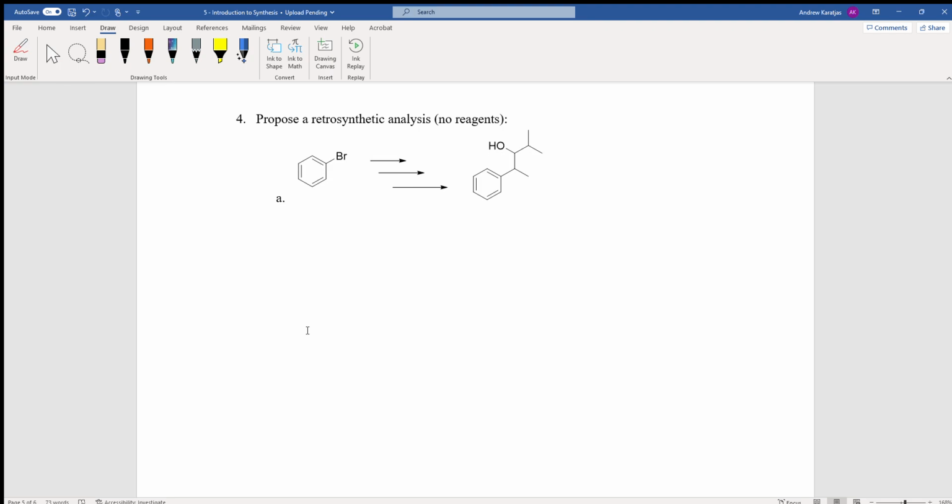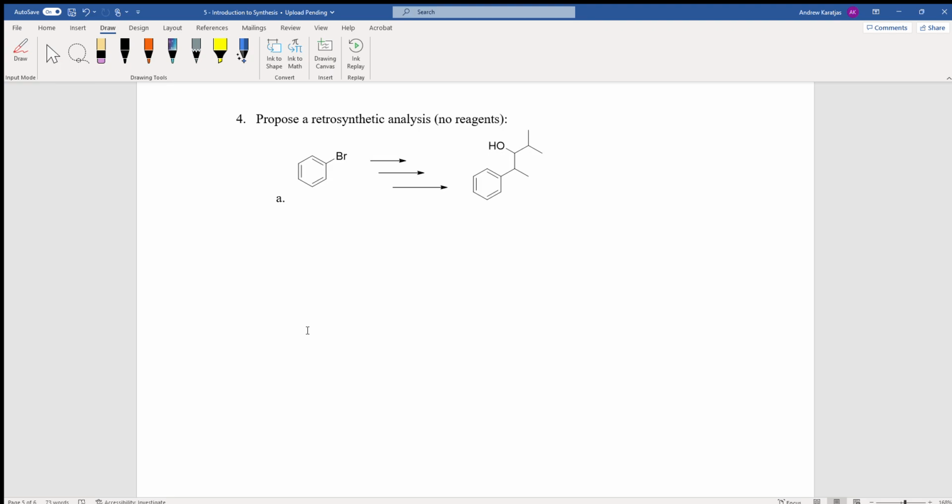So when we look at this one, we can see there's a lot going on. We've added a half dozen carbons. And so that should tell us we're probably going to be using some Grignards, because at this point, Grignard is really one of the only ways that we know to add carbons.